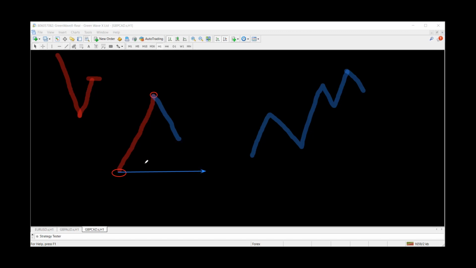So the corrections must stay within the body of the impulse as the price glides upwards to continue the trend. If you see another impulse here and another correction begins, this correction also must not break below here.